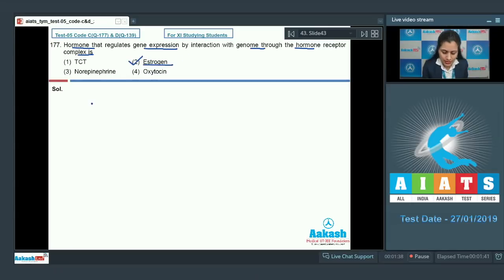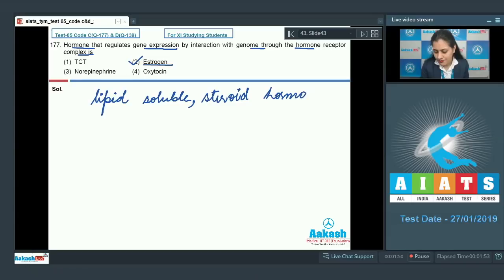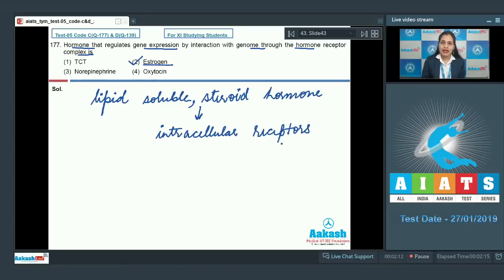Because estrogen is a lipid soluble steroid hormone that can cross the plasma membrane, which acts through intracellular receptors, and this hormone receptor complex then regulates the gene expression. So they will modulate the gene expression.